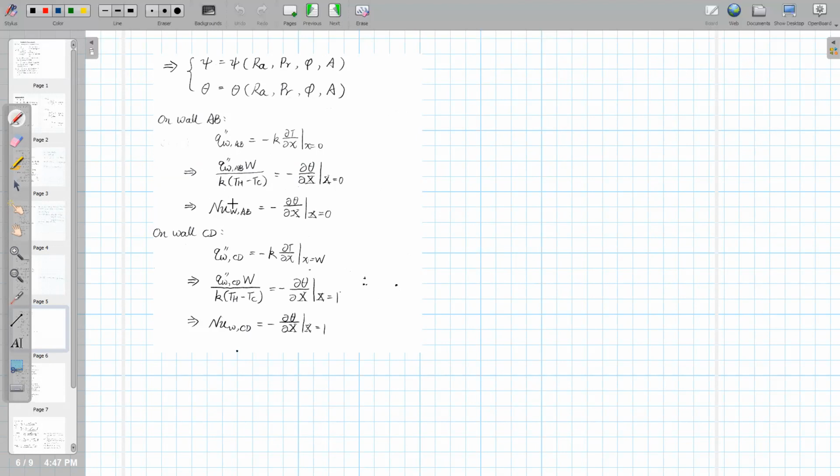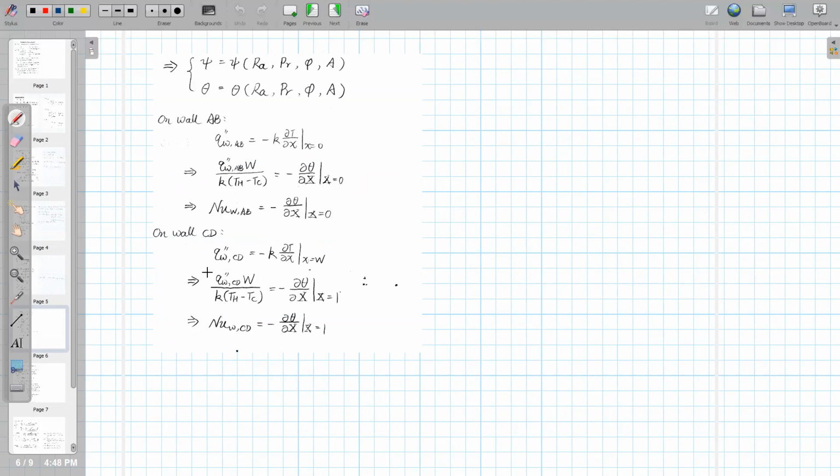Note that this Nusselt number is defined based on the length scale, the width W, and also based on the temperature difference Th minus Tc. Okay, so basically after you solve theta numerically, you can immediately get the Nusselt number on the wall AB, equal to minus partial theta partial X at big X equal to 0.